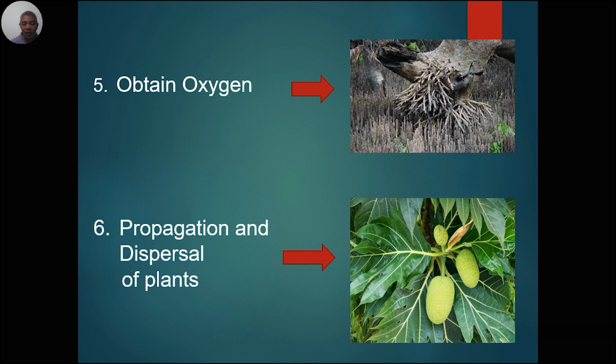One is sexual propagation. This is a type of propagation involving the use of seeds. And asexual propagation. This is a type of plant propagation involving the use of vegetative parts like roots, leaves, stem, and branches. And of course, we have also micropropagation, which is tissue culture and embryo culture.